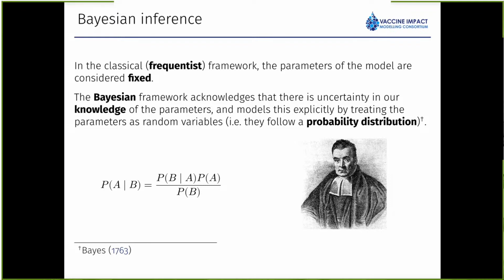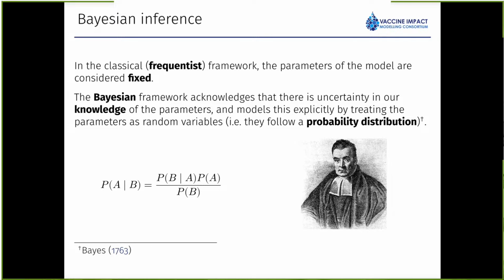So we're used to thinking about the outcome as being a random variable. In the Bayesian framework, we also treat the parameters as being a random variable, okay? And what this means is that we can model those parameters as having a probability distribution. And if we do that, then we can use all of the benefits of probability distributions.